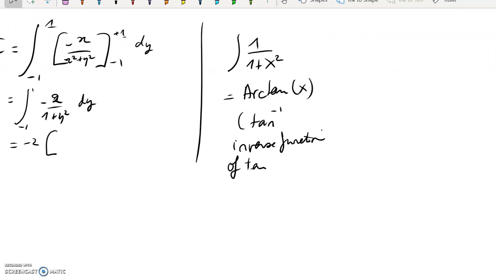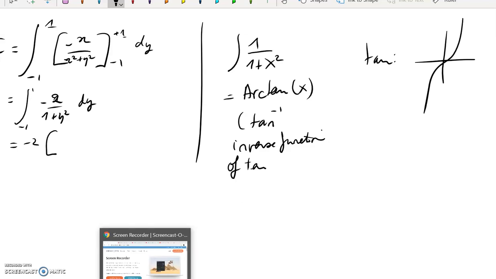If you want this to be a nice invertible function, which is what we are looking for, the tangent looks like this, and we have to restrict it to negative pi over 2 to plus pi over 2, excluded.